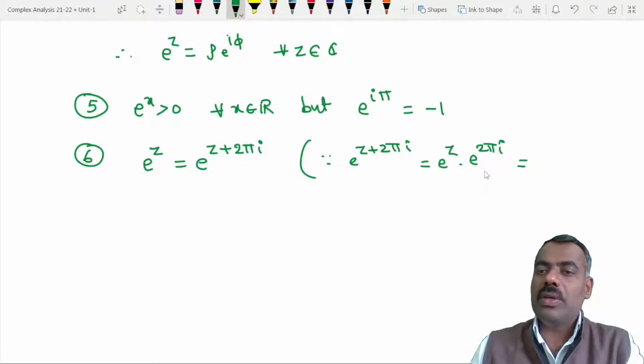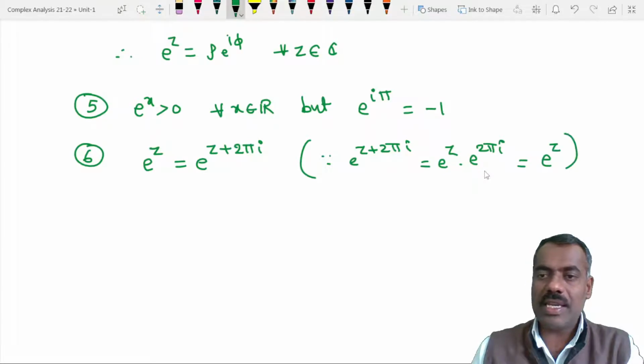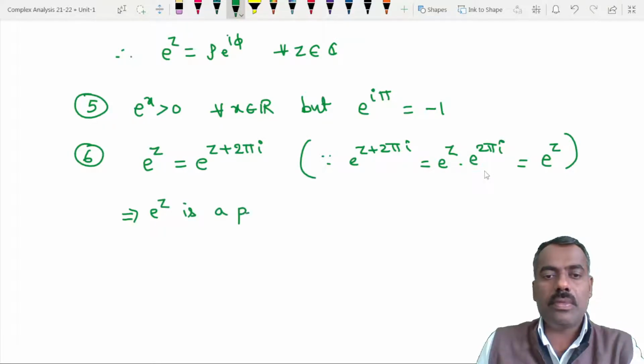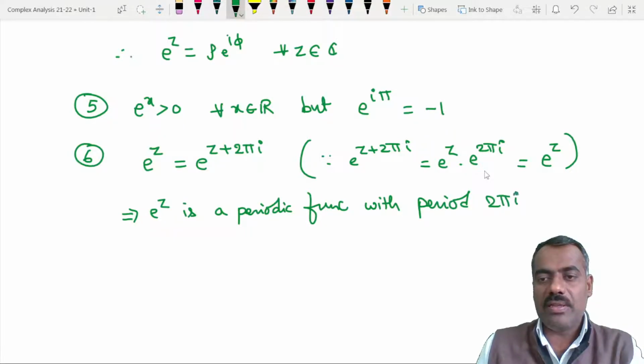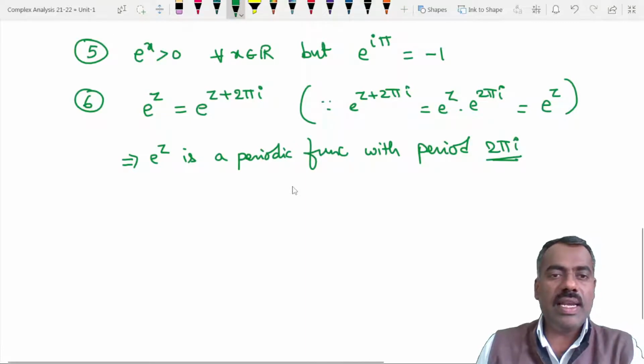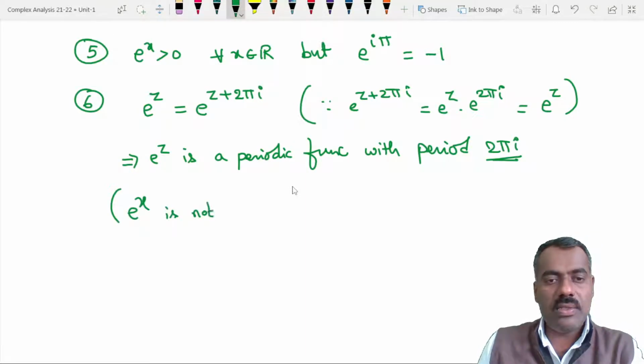But e power 2 pi i is 1, that means this is the same as e power z again, which shows that e power z is a periodic function with period 2 pi i, which is not true in this real case.